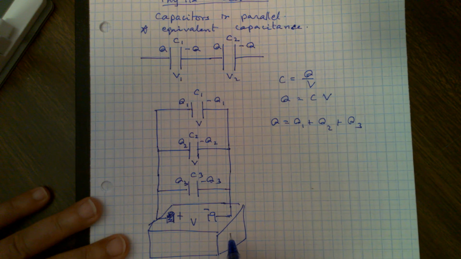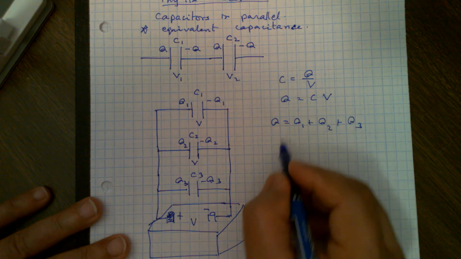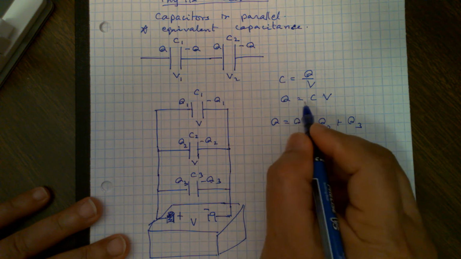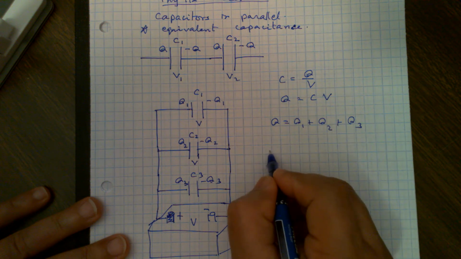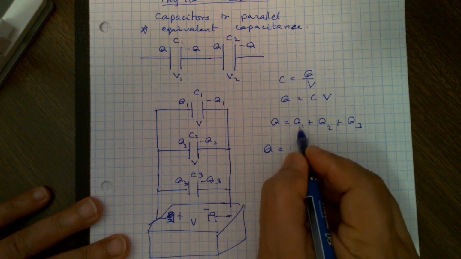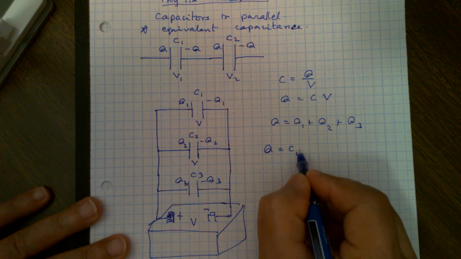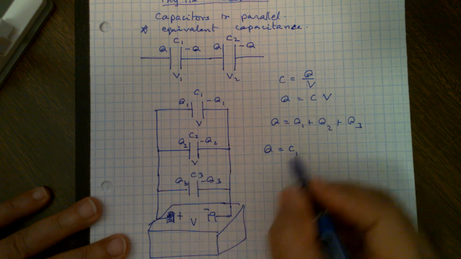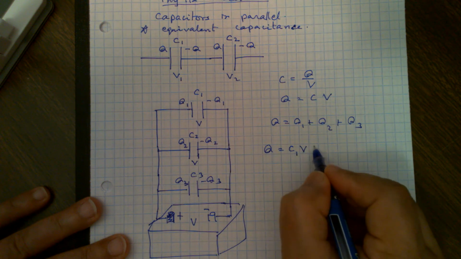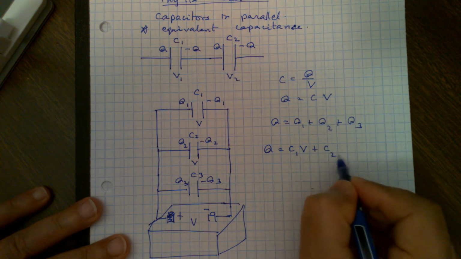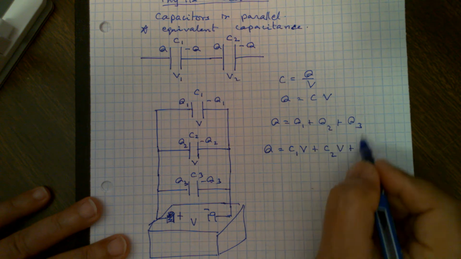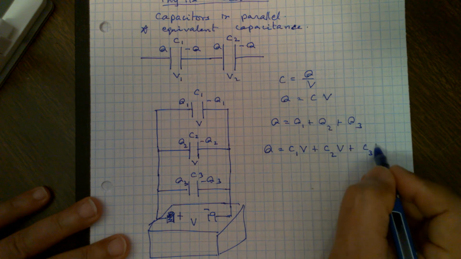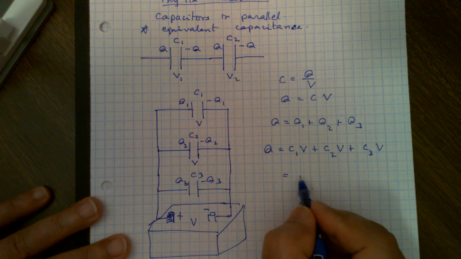Okay. Now we just use this simple formula, Q is equal to CV. So Q1 is C1 V, because V is the same for all of them, plus Q2 is C2 V plus Q3 is C3 V. So I can pull out V as a common factor.